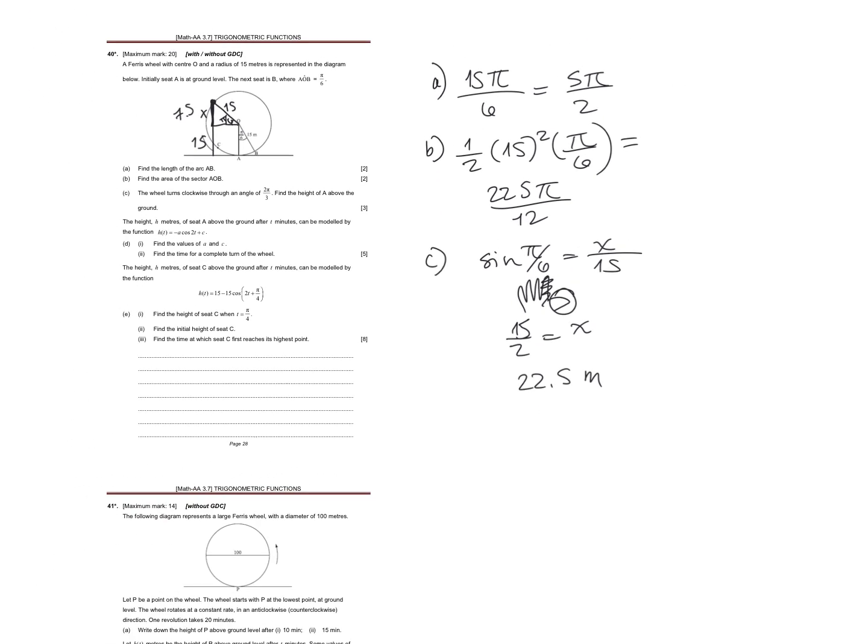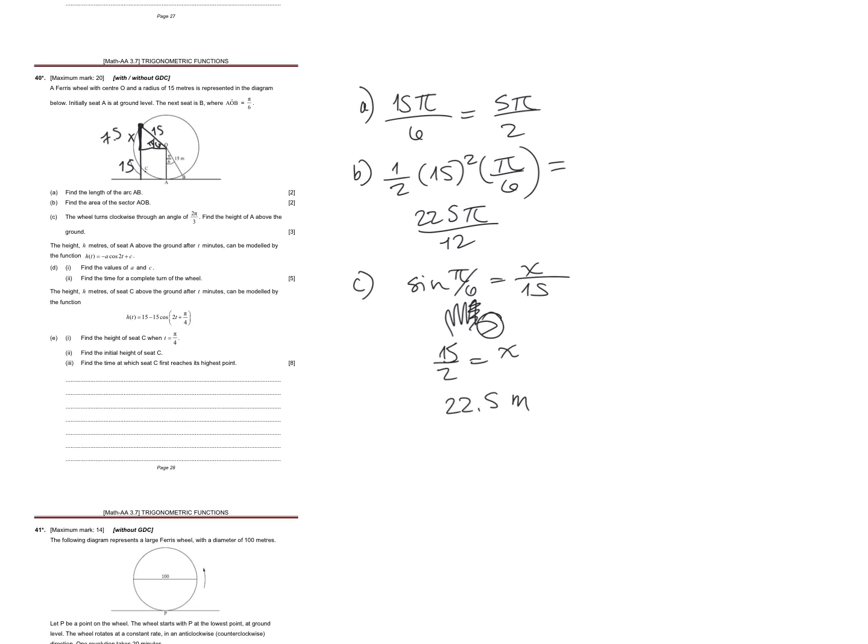All right. D, the height h of the seat A above the ground after t minutes can be modeled by that. Find the values of A and C. All right, so we have, this is 15, this is 15. So the max is 30 plus the min is 0 over 2.